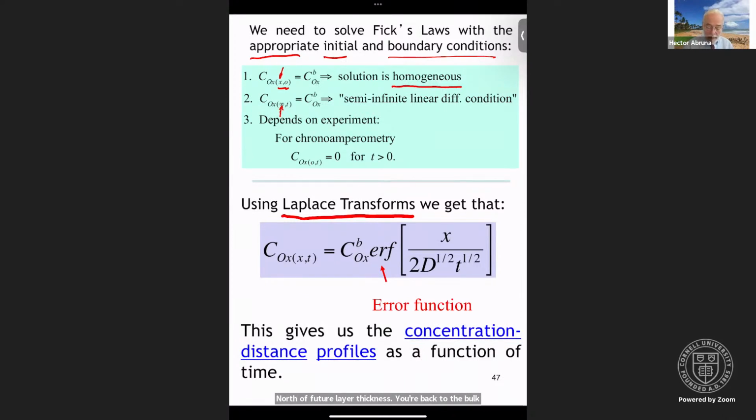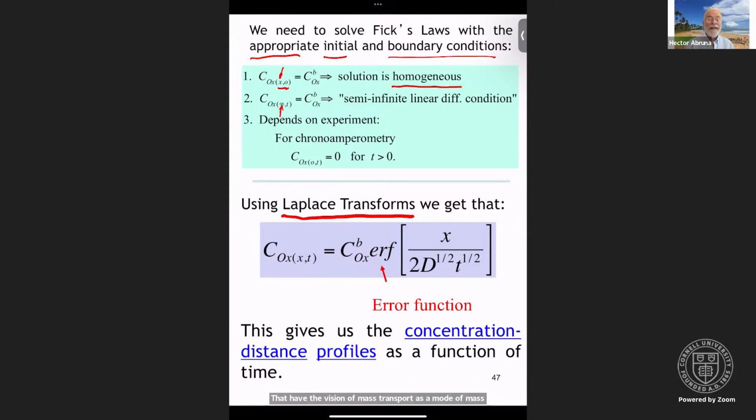This is a so-called semi-infinite linear diffusion condition. And it basically means if you go far enough away from the electrode, the solution doesn't know that there's an electrode out there. That's the semi-infinite linear diffusion condition, something that is very common to a lot of techniques in electrochemistry that have diffusional mass transport as a mode of mass transport.